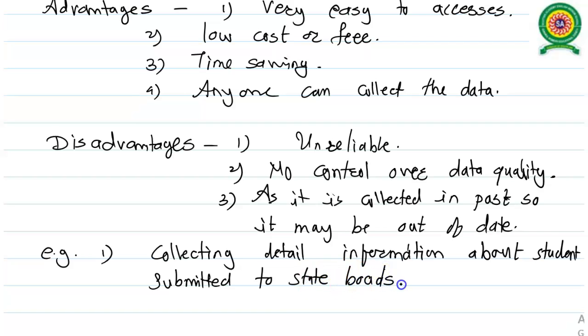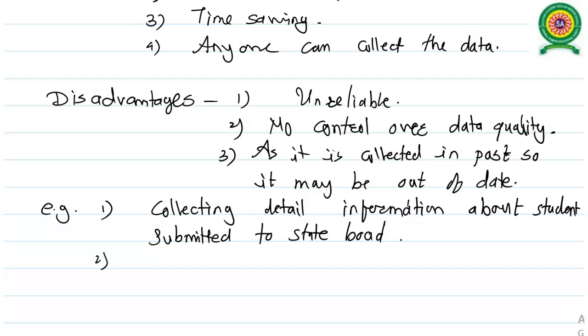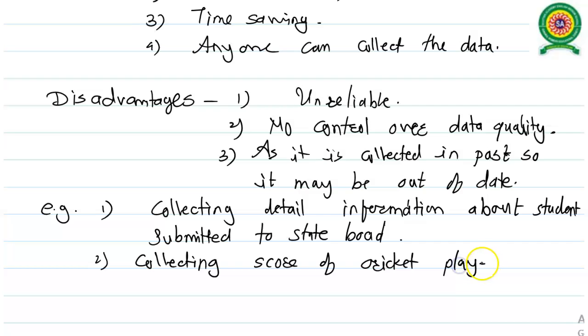This is the first example of secondary data. Now second example we have for the secondary data, collecting scores of cricket players from, we might say, the newspaper or the internet. This is the other example of secondary data.